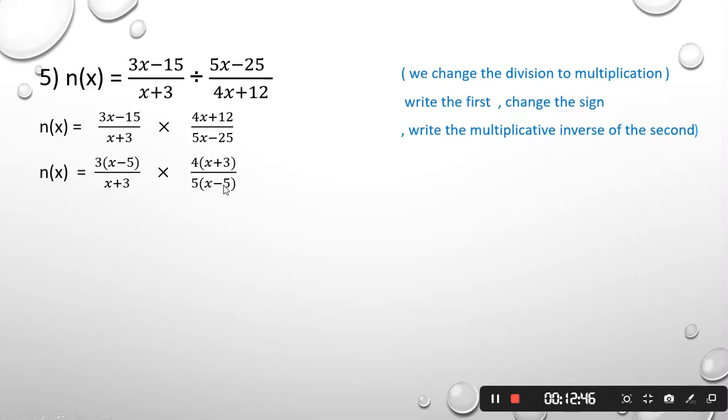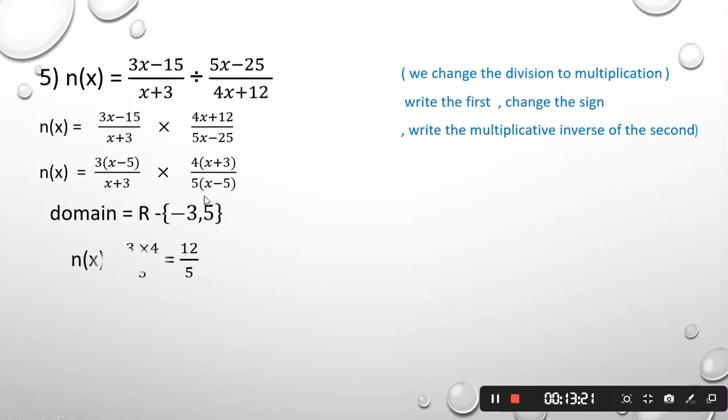This is for the division only, because we change it into multiplication by writing the reciprocal of the second fraction. When we find the domain, we look up and down, both values for x. So the domain here will be R minus negative 3, and here we look up and down, here already negative 3 and down 5.